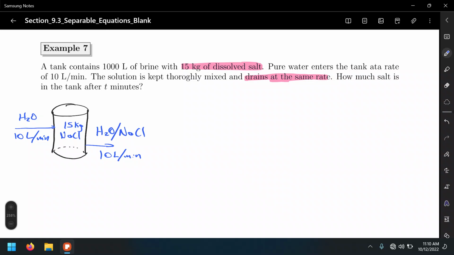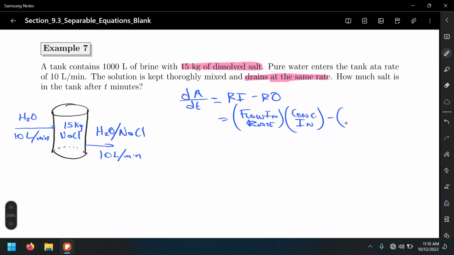So number one, let's write down our differential equation, dA/dt, which is rate in minus rate out, which is further flow in rate times concentration in minus flow out rate times concentration out. All right.